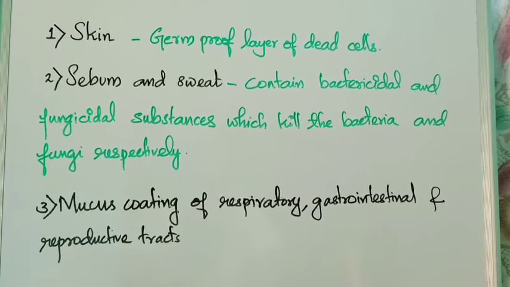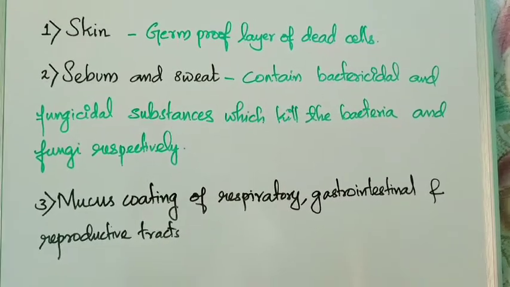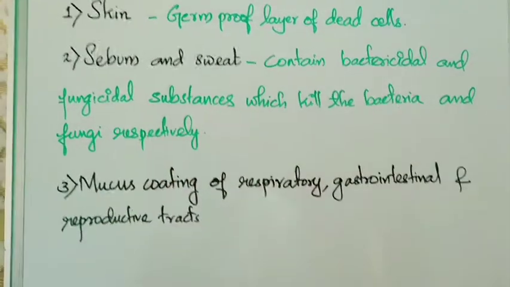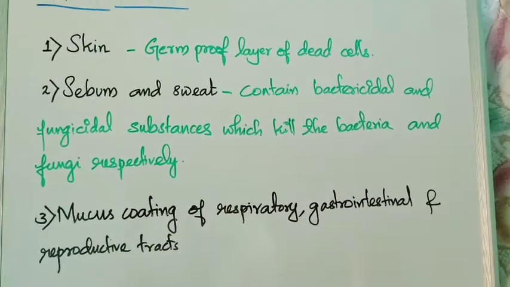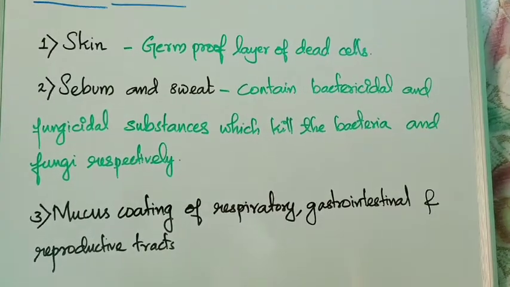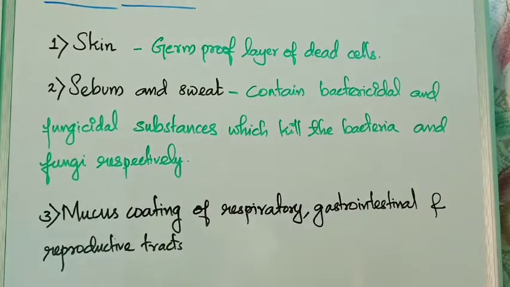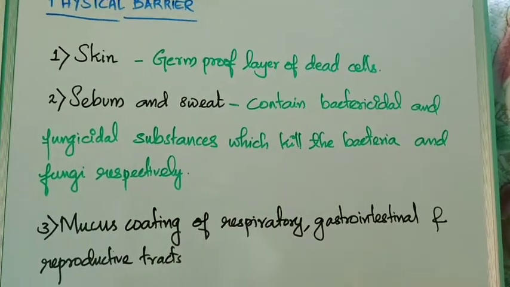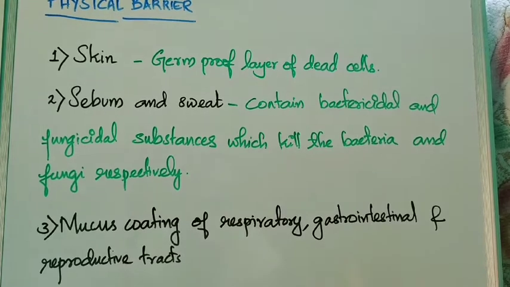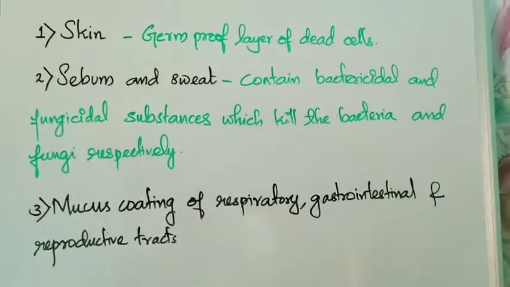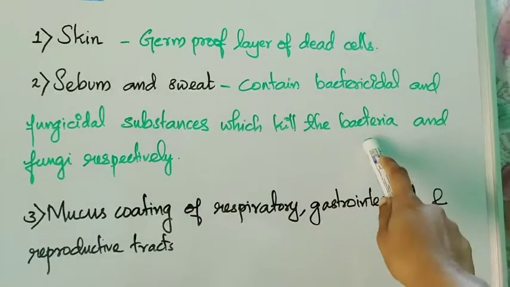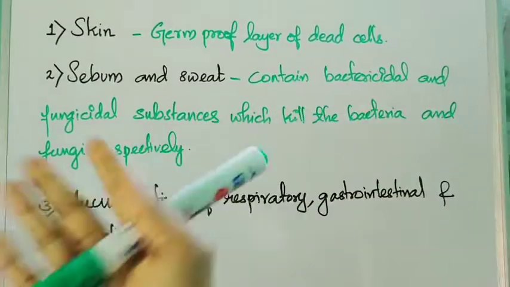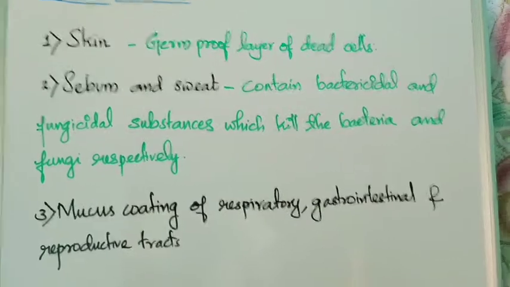Now these sebum, that is oil, as well as the sweat produced by our body contain certain bactericidal and fungicidal substances. Bactericidal in the sense bacteria killing, fungicidal means fungi killing substances in them. They also maintain the pH of the body. Because of maintaining the pH, and because of these bactericidal and fungicidal substances, they prevent and kill bacteria and fungi respectively. So it is not easy for bacteria and fungi to enter our body.